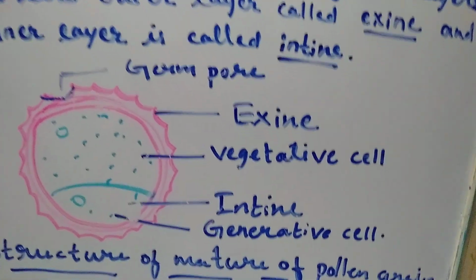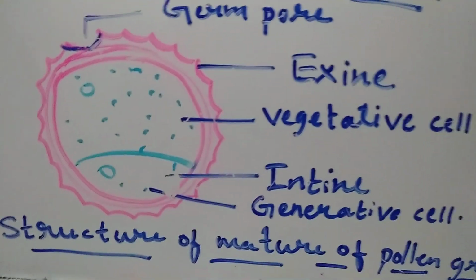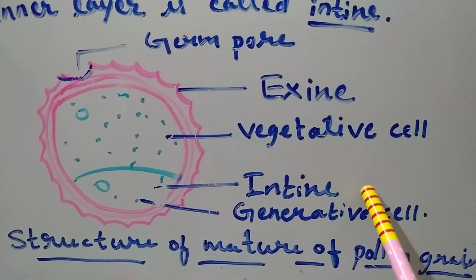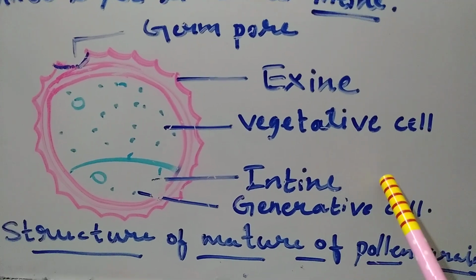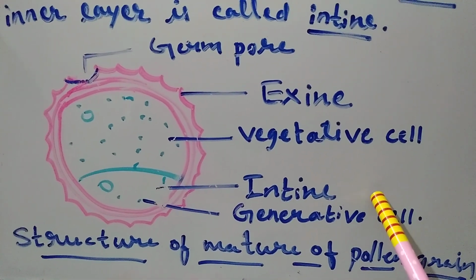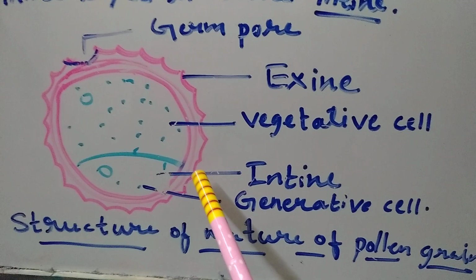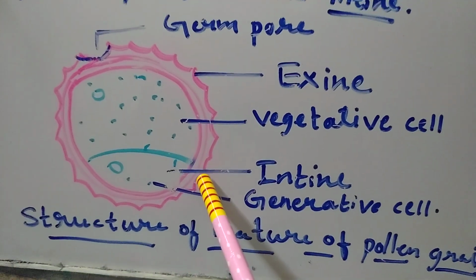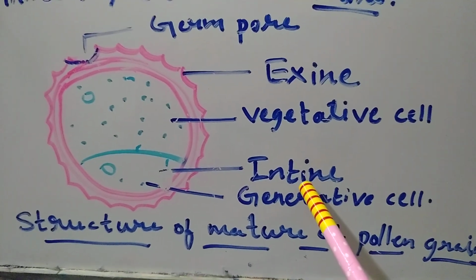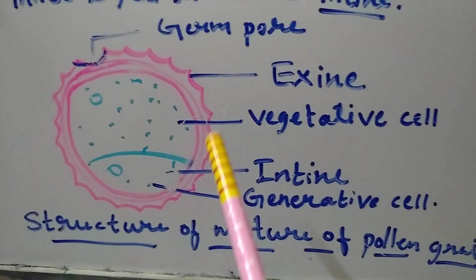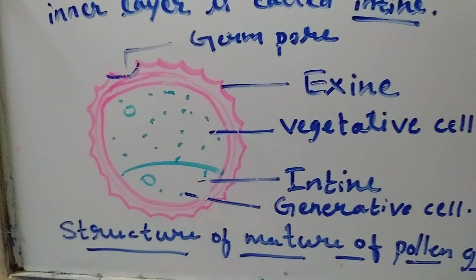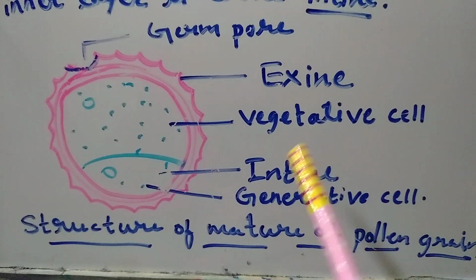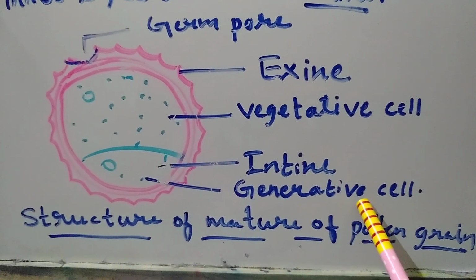The inner layer, which is known as intine, is made up of pectin and also cellulose. It is a thinner layer of the pollen grain and it is made up of cellulose and also pectin. Here inside, again you can see the presence of the vegetative cell and the generative cell.